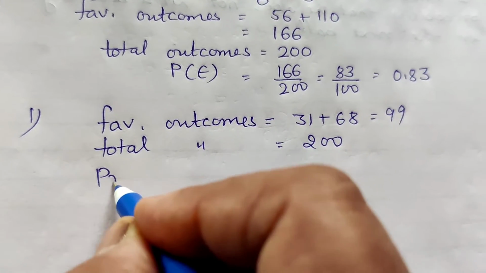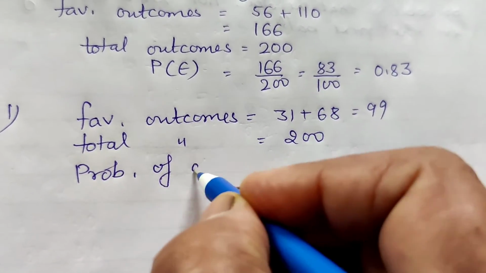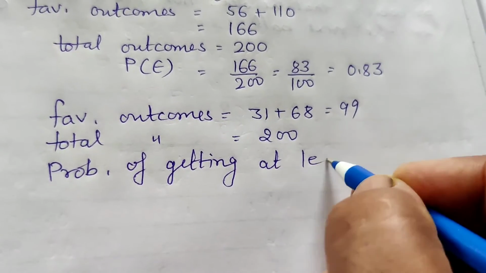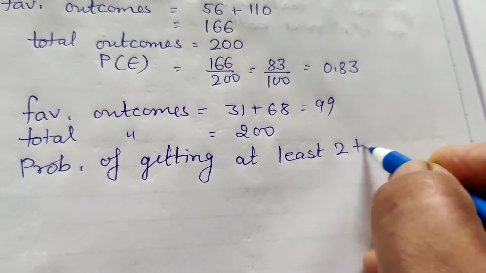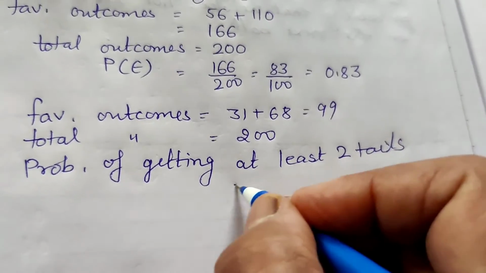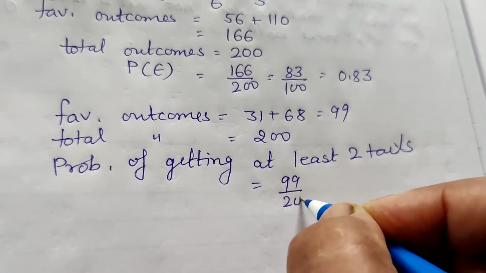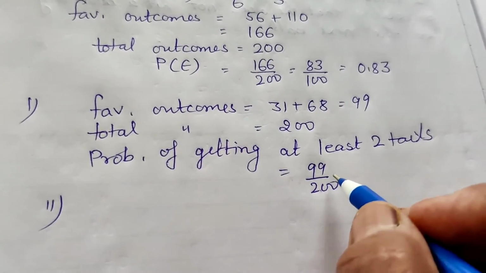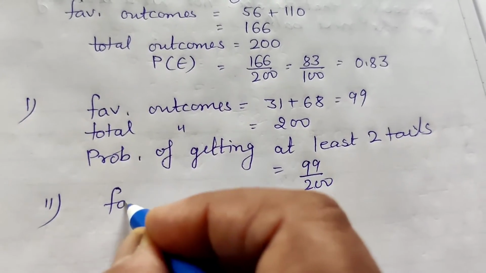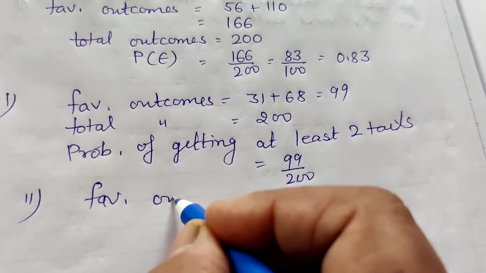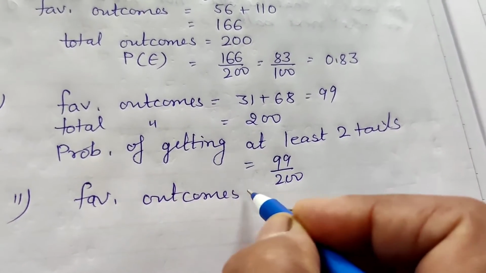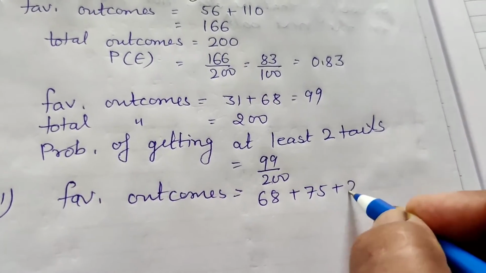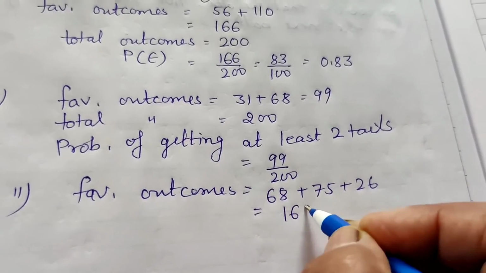And here we will write probability of getting at least 2 tails equal to 99 by 200. Okay. For the second part, no, we cannot cancel this, this will remain the answer. For the second part, favorable outcomes equal to 68 plus 75 plus 26 equal to 169.